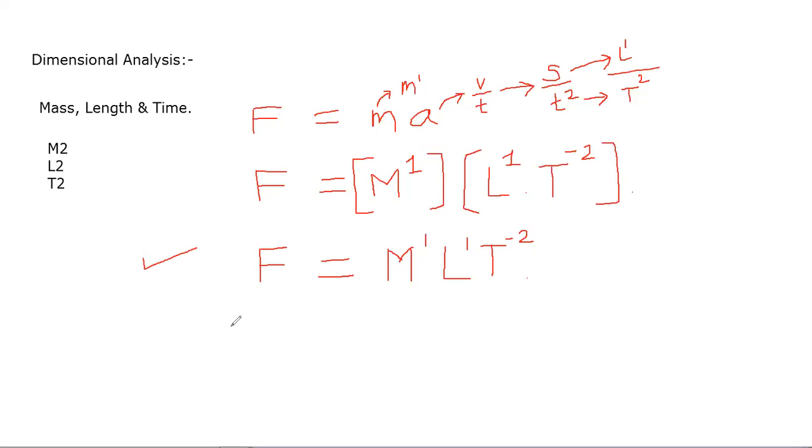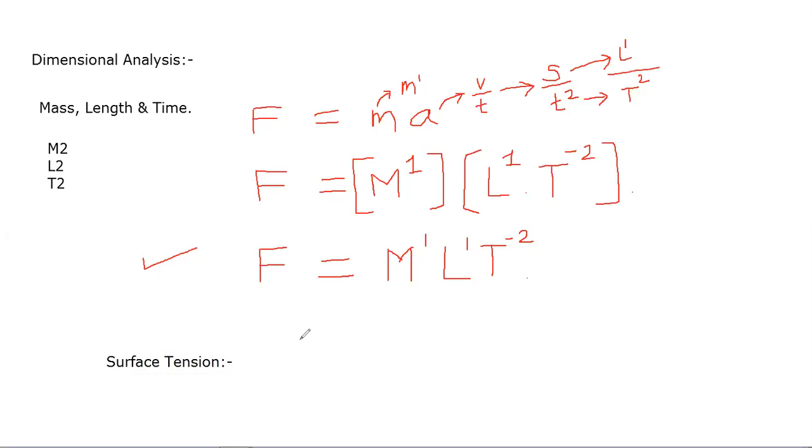Now, there is one more quantity in fluid mechanics, and that is surface tension. Okay, so what is the definition of surface tension? Because whenever you have any quantity, you should be able to know its formula.